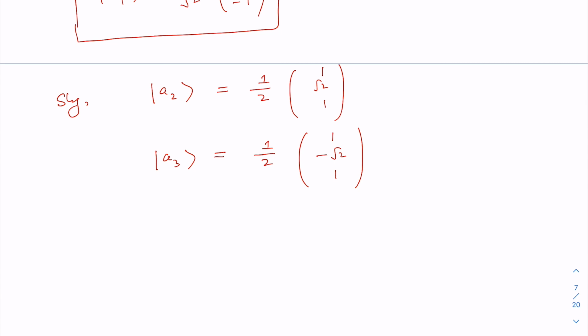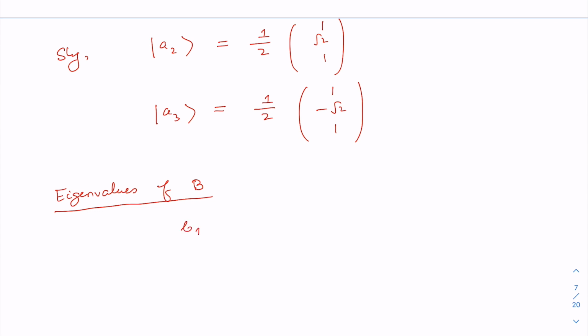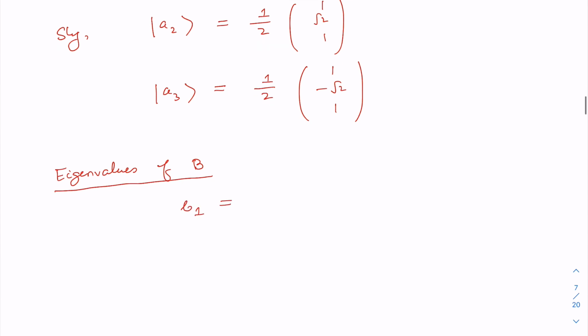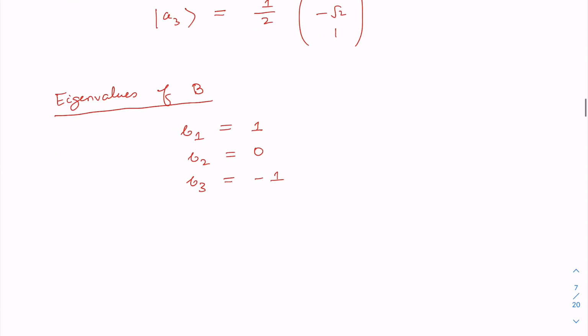Exactly the same way you can find the eigenvalues of B. You will find that there would be three eigenvalues: b1 is equal to 1, b2 is equal to 0, and b3 is equal to minus 1. I don't want to repeat the calculations here. It is done in a similar way.